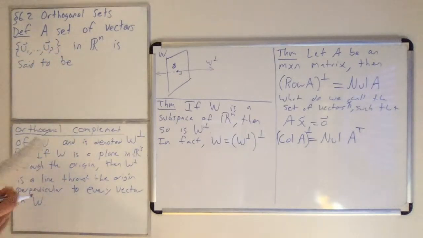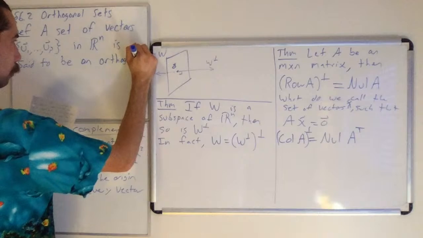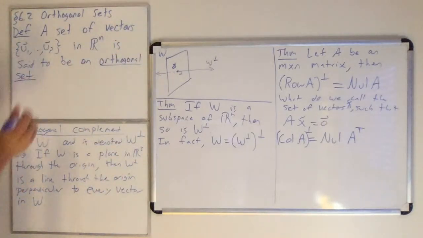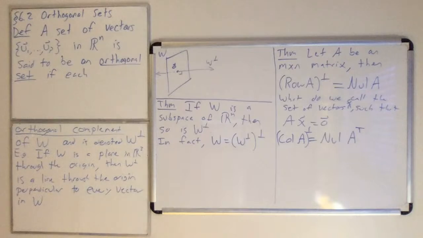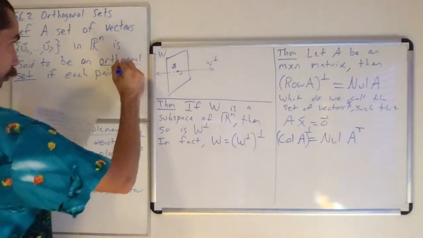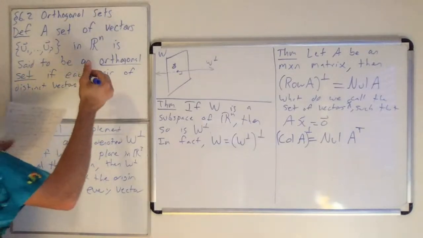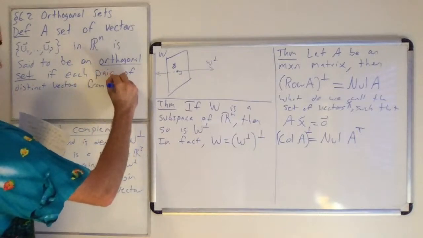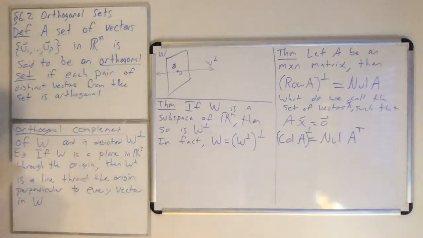A set is said to be an orthogonal set if each pair of distinct vectors from the set is orthogonal.